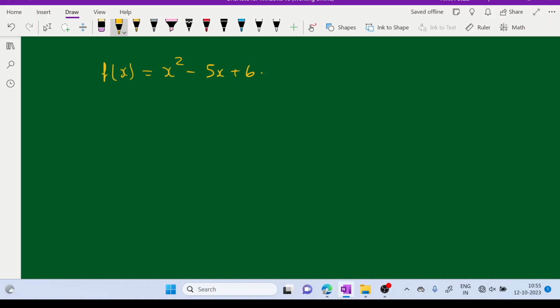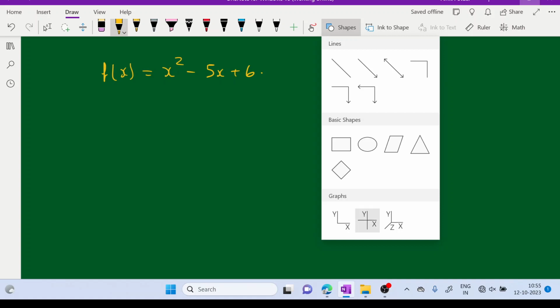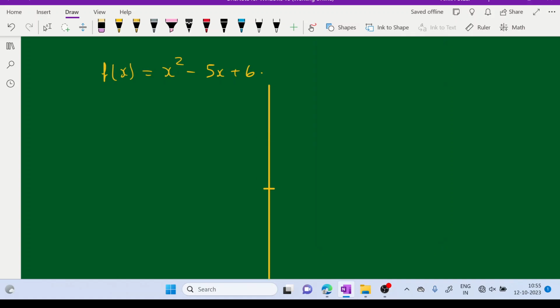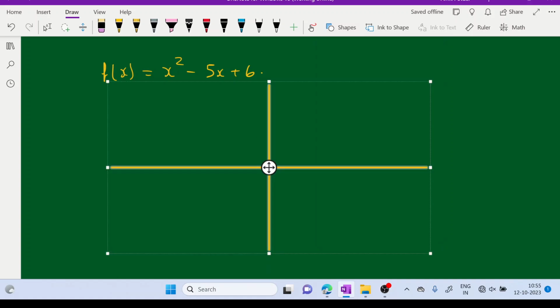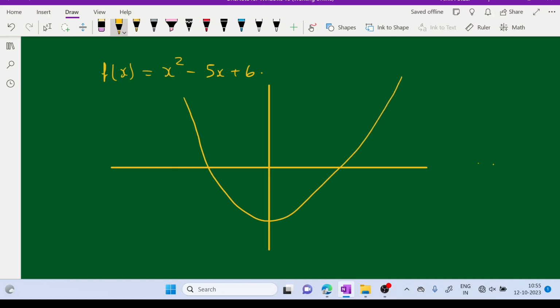Now the graph of this function, it's a quadratic equation, so the graph of this function will be somewhat like this. Yes, it's a parabola.